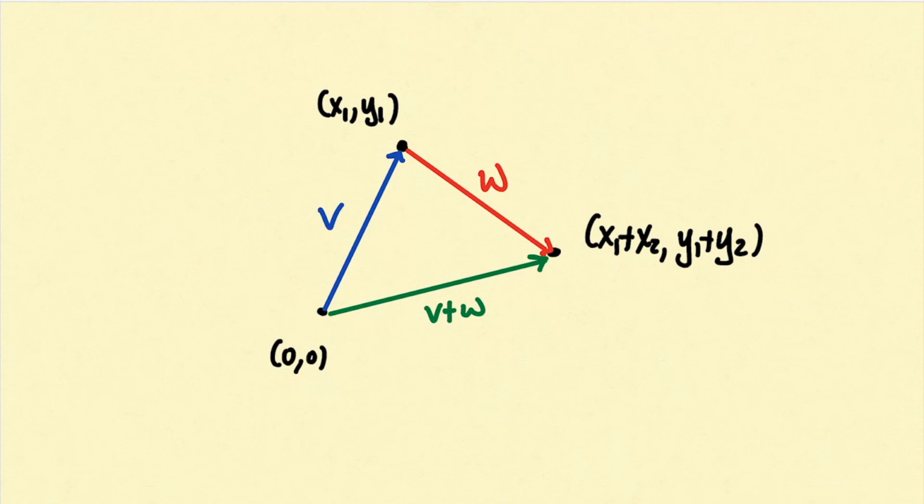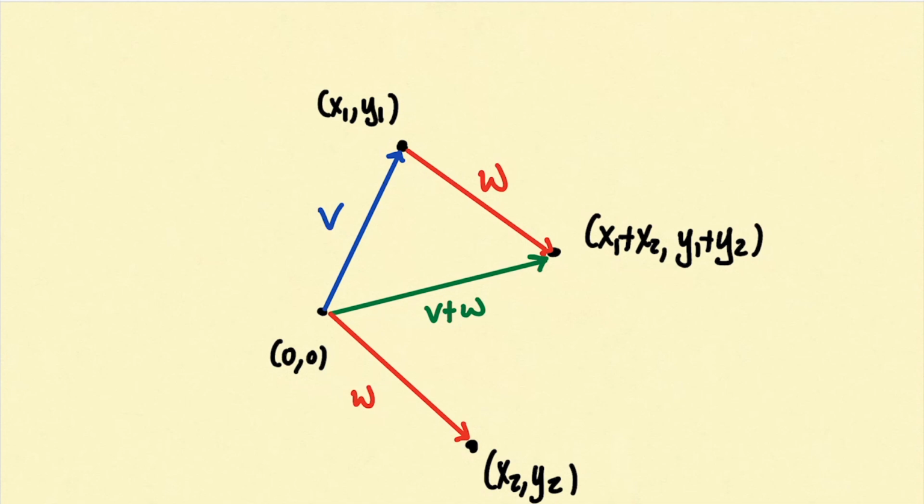Now, on the other hand, we could have thought about starting from the origin, moving according to the instructions encoded by w, then moving according to the instructions encoded by v. So that would have us first move x2 steps horizontally, then y2 steps vertically. This would give us an arrow w that points from the origin to our current position at (x2, y2).